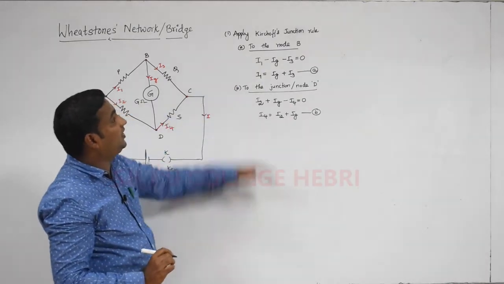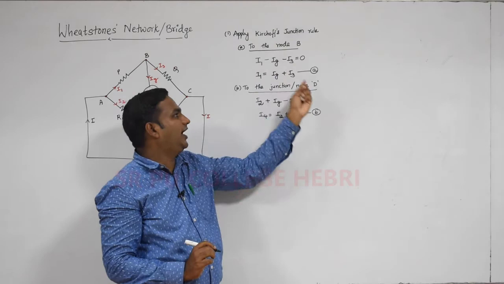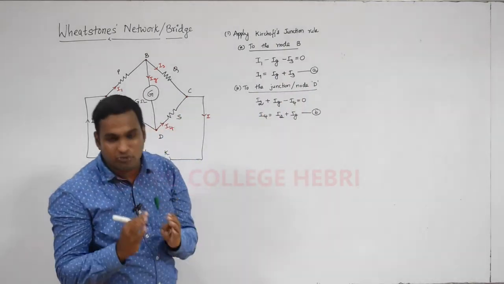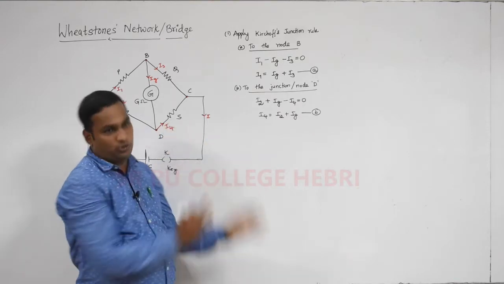Once we apply the Kirchhoff junction rule or node rule to a point B and a point D, then you have to think about Kirchhoff's loop rule, second law. There are two loops you have to think.